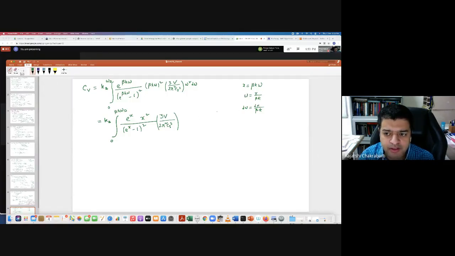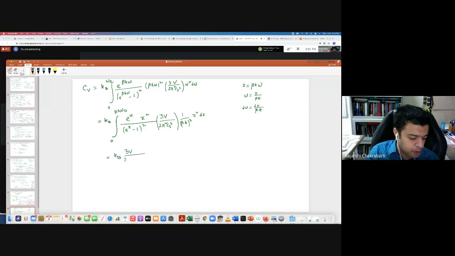So if I take this out, kb times 3v by twice pi square cs beta h cross whole cube, integral from 0 to beta h cross omega d, of x to the power of 4 e to the power of x by e to the power of x minus 1 whole square dx.